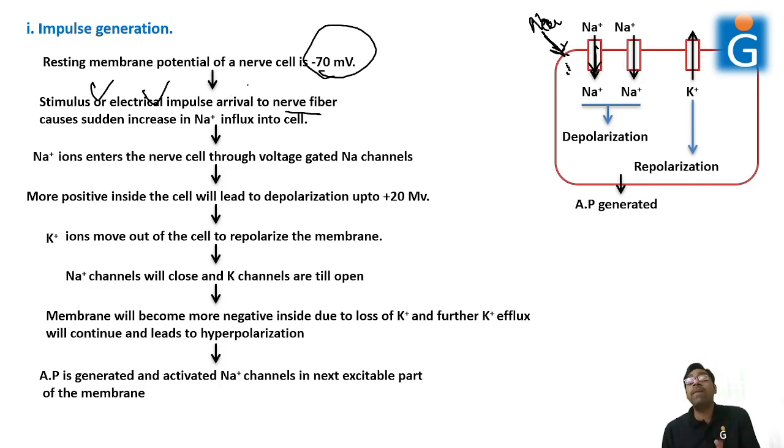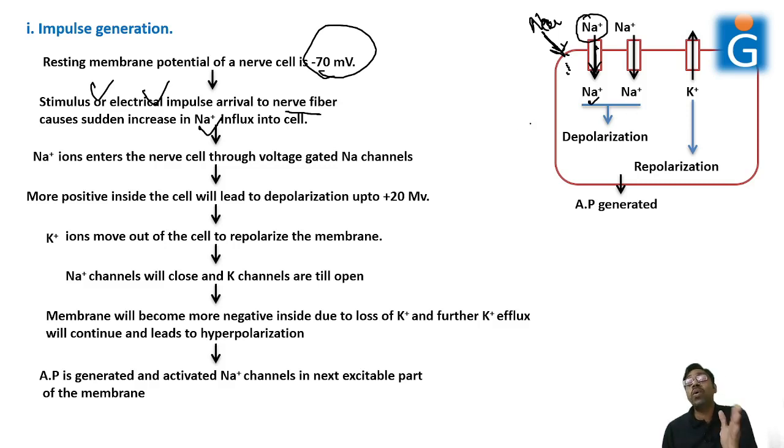And what will happen when the nerve cell gets stimulated? There is an opening of the sodium channels and an influx of sodium. This sodium which is present outside the nerve cell is going to come inside the nerve cell.